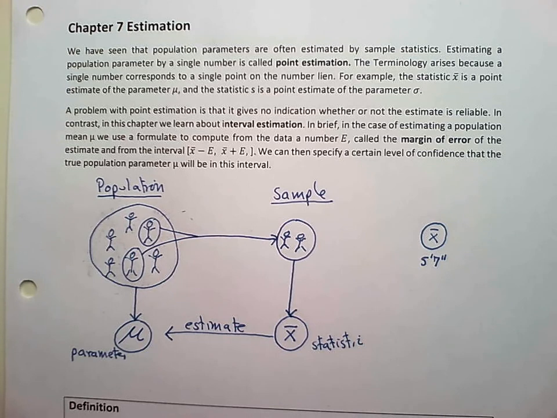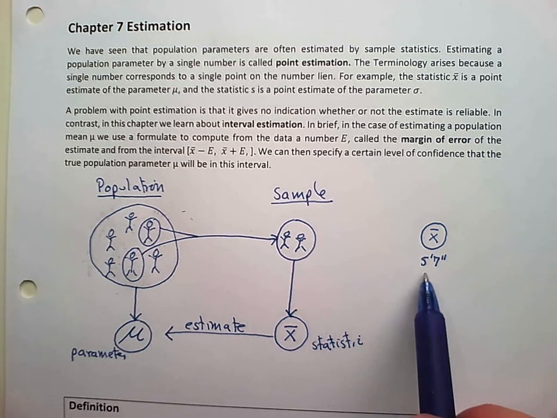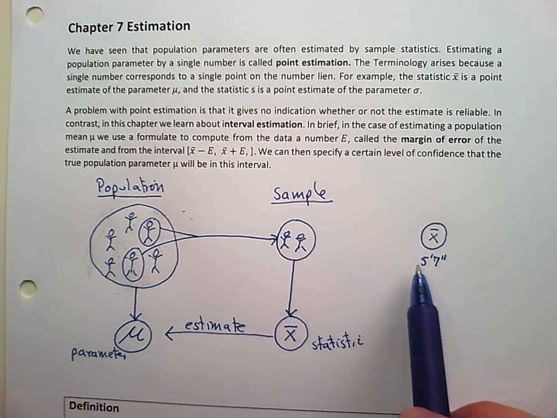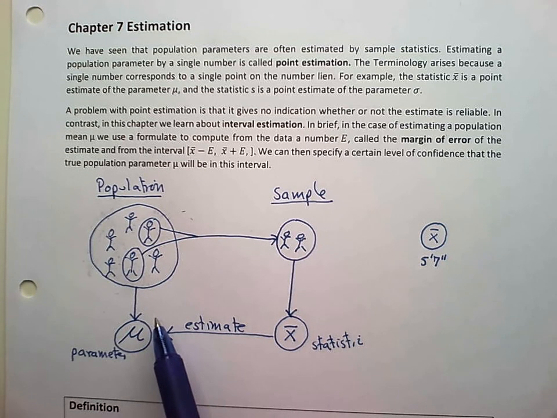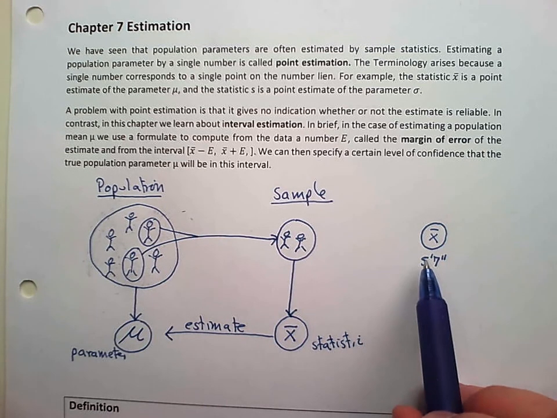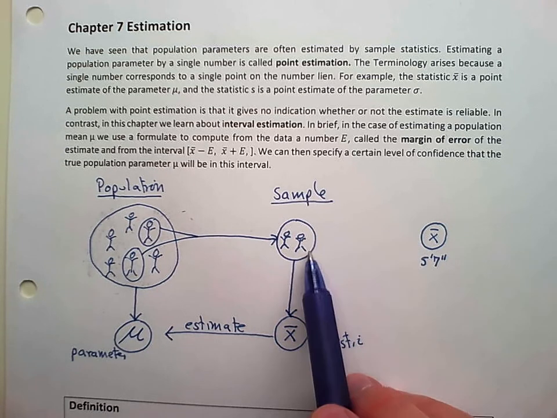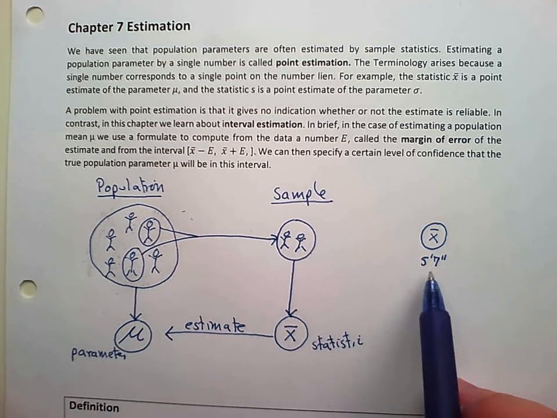Well, chances are that the average height of people in our sample, 5'7", is going to be at least a little bit off of what the average height is of everybody in our population. It might be close, right? If we have a good, large, representative sample, we're probably going to be pretty darn close.